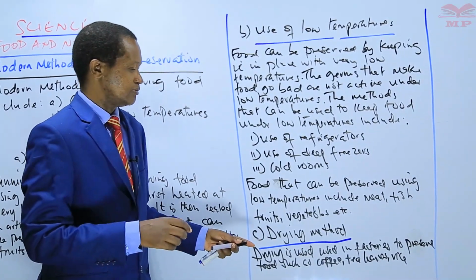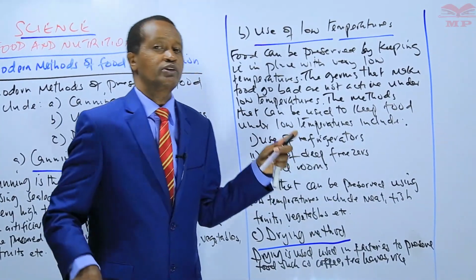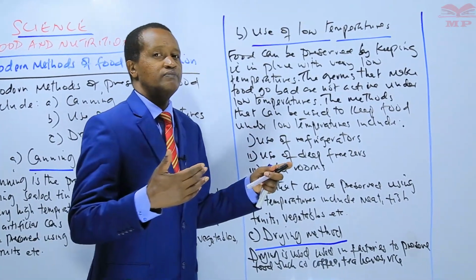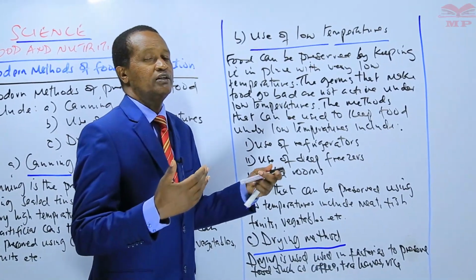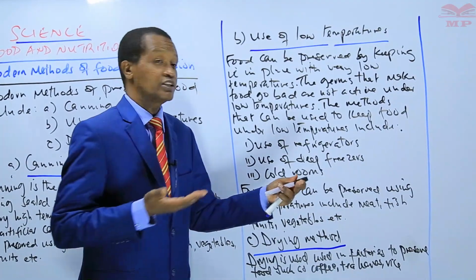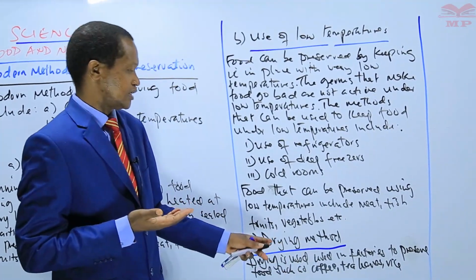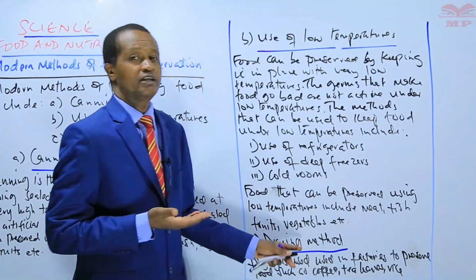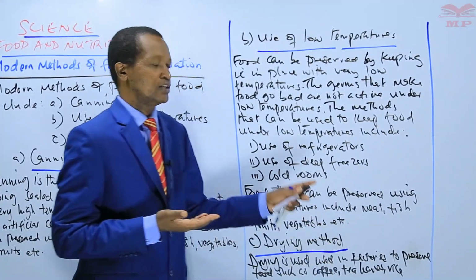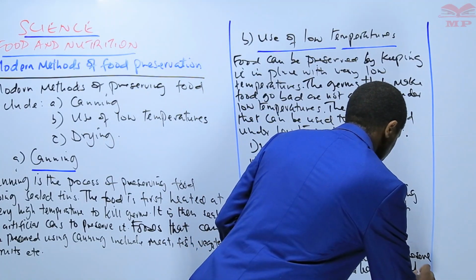So drying is used in factories. Under the traditional method, we saw that drying is used by exposing food to the sun. But in factories, machines can be used to dry food, like coffee, like tea, like rice, like wheat, and so on.